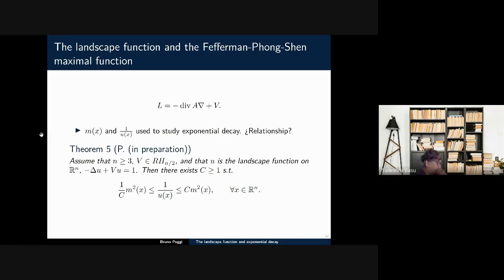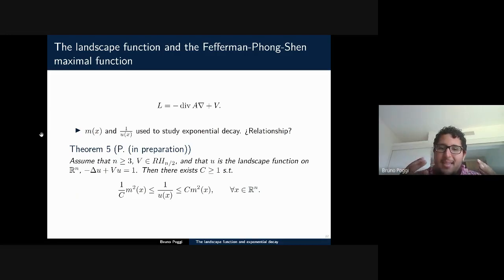So this theorem shows that this new tool of the landscape function is in some sense a generalization of the Fefferman-Phong Shen maximal function that has been used for so long. But not only does it generalize it, in some sense it also regularizes it.